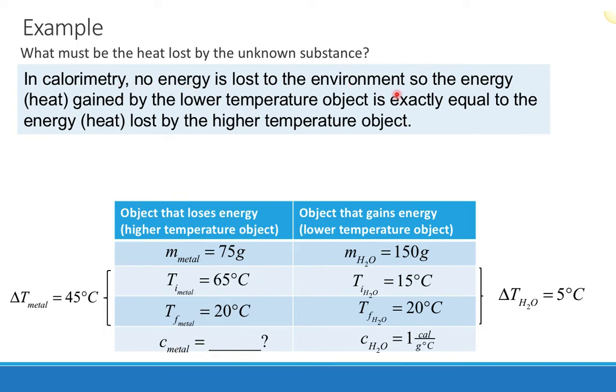So in calorimetry, no energy is lost to the environment, so the energy, the heat gained by the lower temperature object is exactly equal to the heat that's lost by the higher temperature object. So that means that the heat that was gained by the water, 750 calories, is equal to the heat that was lost by the metal, so 750.